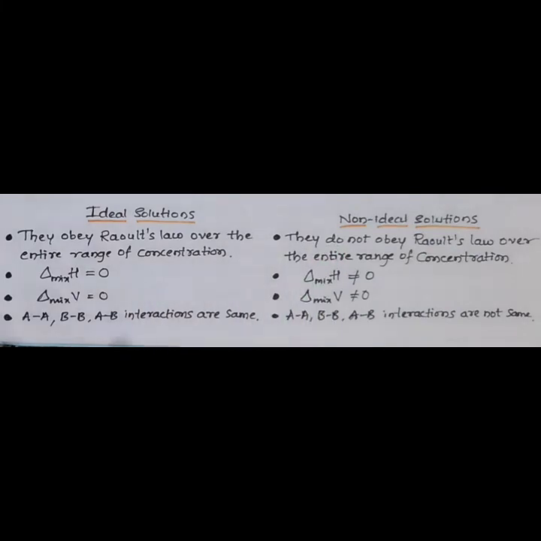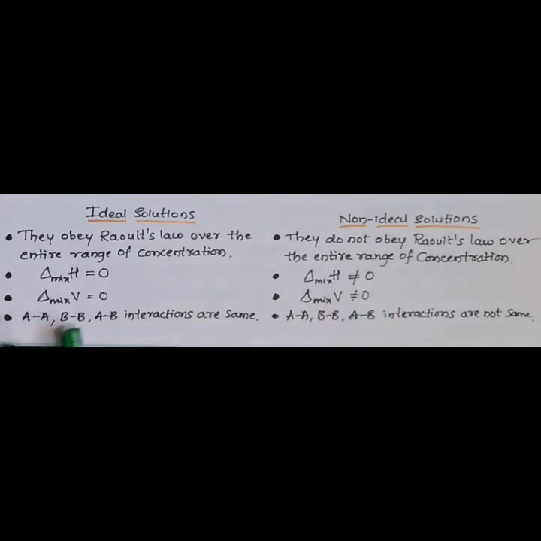This is one difference. Then in ideal solutions, the change in enthalpy on mixing is equal to 0, and in non-ideal solutions it is not equal to 0. In ideal solutions, the change in volume upon mixing is equal to 0, and in non-ideal solutions, the change in volume upon mixing is not equal to 0.